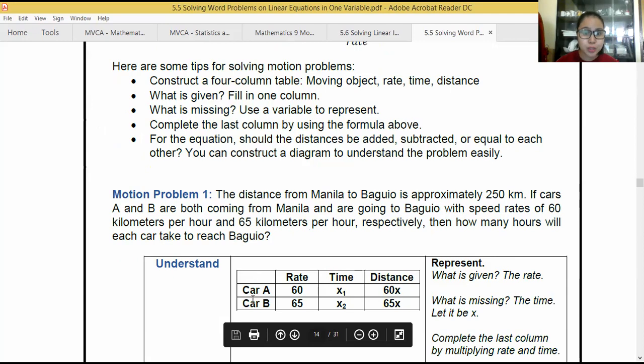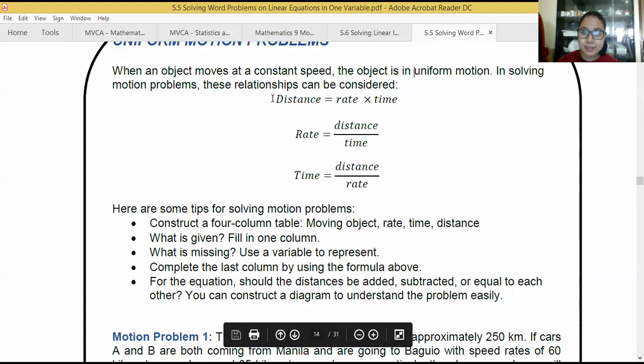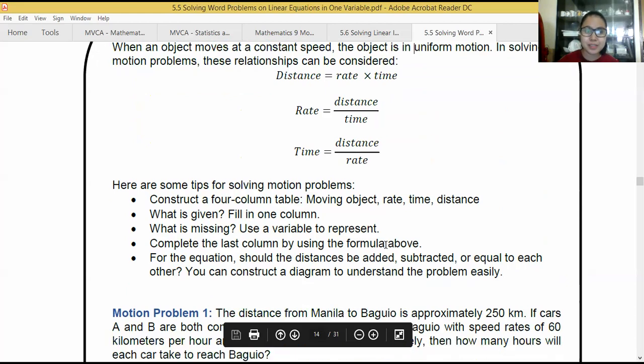In the first column, we have the moving objects. In the next column, we have the rate, then the time, then the last is the distance. We just need to fill out one column based on the given. Then the next will be done through the formula, like these formulas on top.